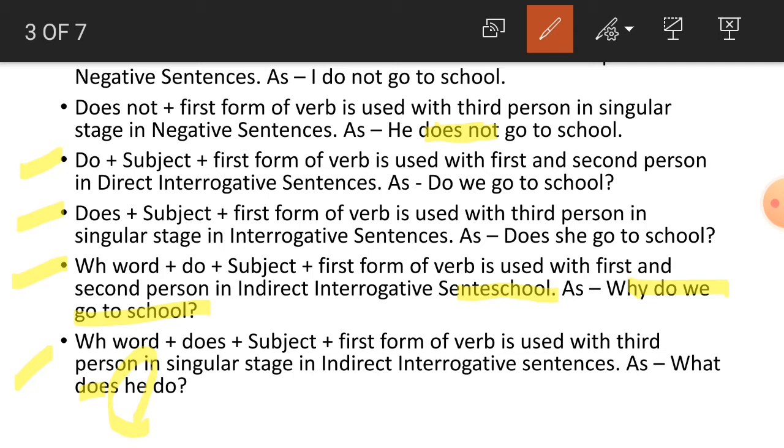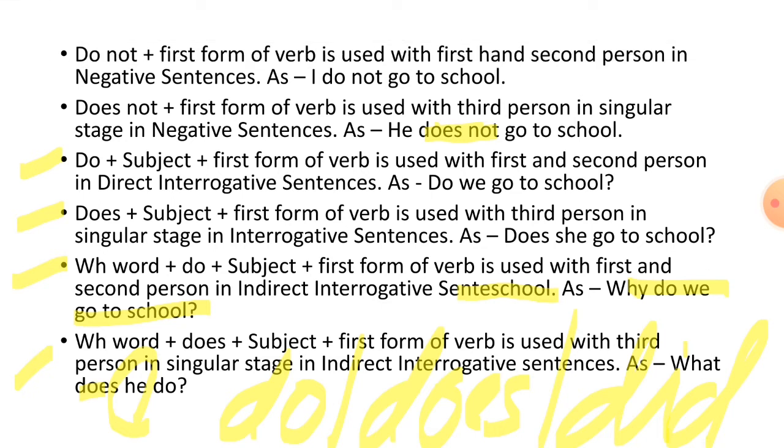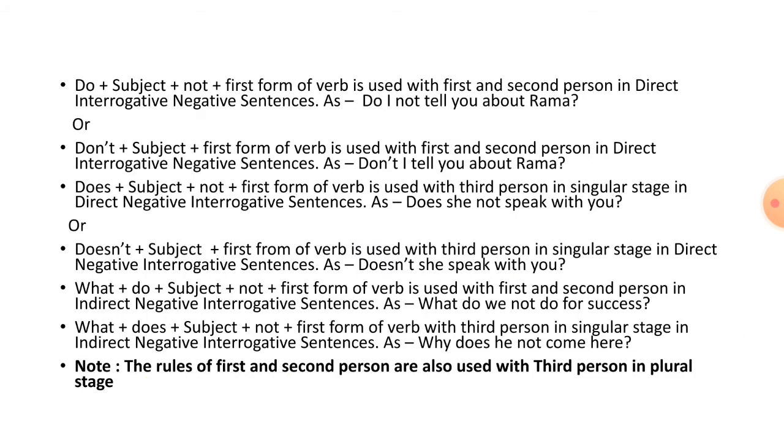Students, keep in your mind there are three helping verbs: do, does, or did. If these three are used as a helping verb, we have to use only the first form of verb in the sentences. Yes, you should keep in your mind.